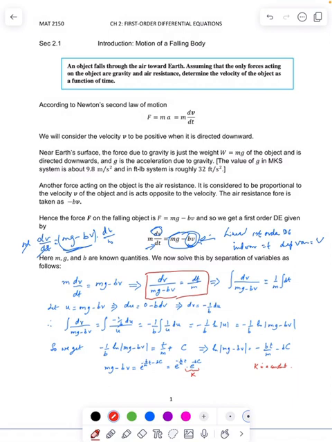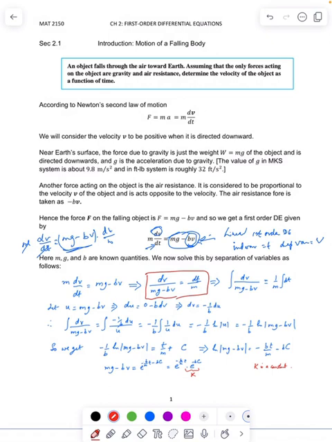And now we put an integral sign on both sides, and we should be able to integrate this equation. Now the right hand side is easy. It will be just 1 over m t plus a constant. But the left hand side, maybe some of you can solve it directly, but an easy way is to use u substitution.